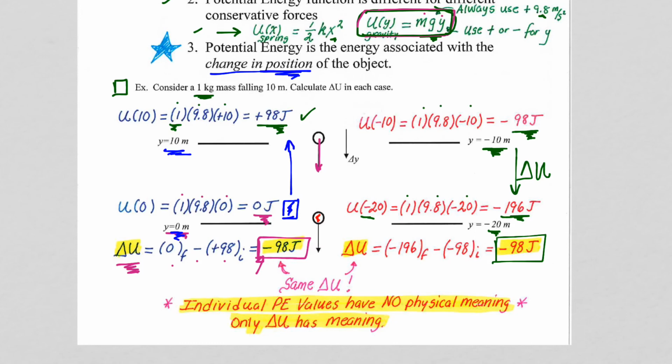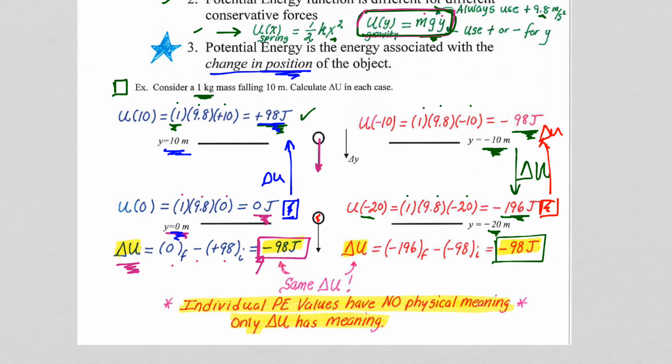And if the delta U goes up by 10, then you gained 98 joules. If you told me the same thing, that you have negative 196 joules down here, what does it mean? I would have to say, I don't know what that means. You have to tell me how you're going to change your position. And if you told me you went up 10 meters, then I would say your delta U was, again, positive 98 joules. Negative 196 plus 98, negative 98.